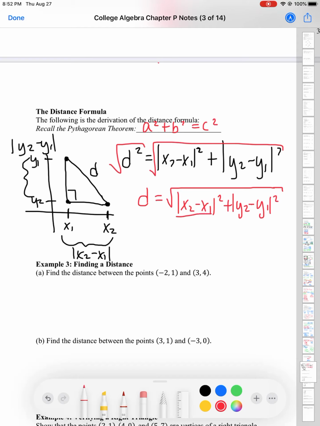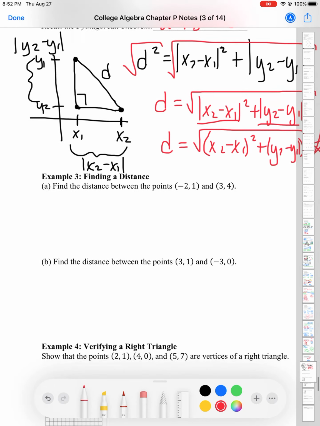Now, your exponent rules state that this is just x2 minus x1 squared plus y2 minus y1 squared, because since they're squared, they're going to be positive either way. So that is your distance formula and how it's derived.